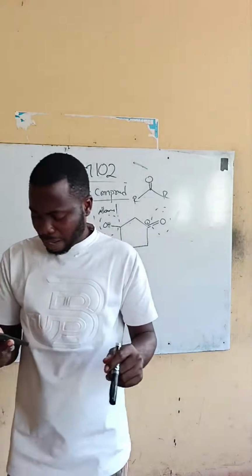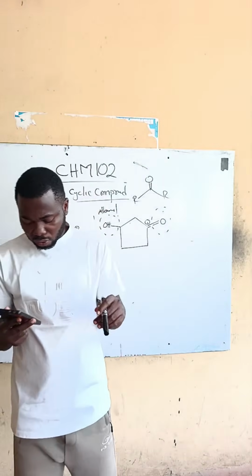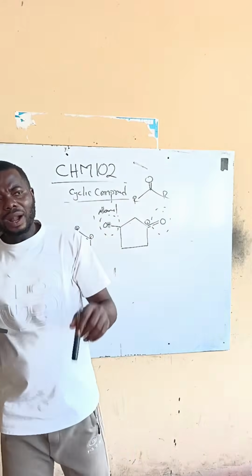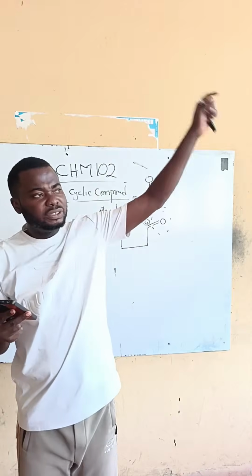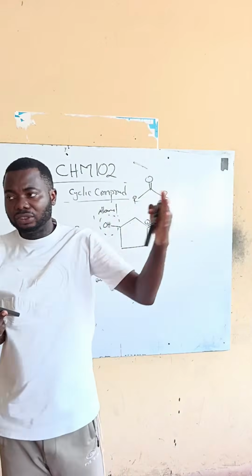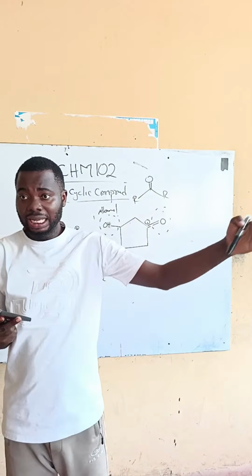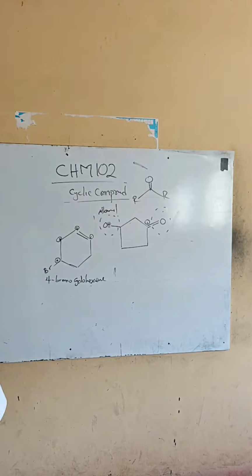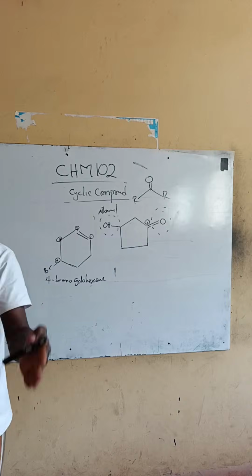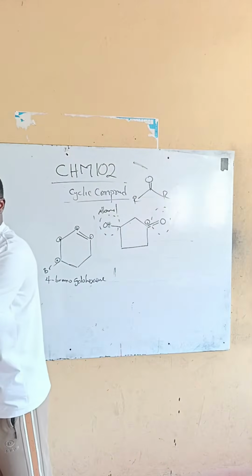If you have been attending my class, I said it. Alkanone and carboxylic acid, they are higher up. If you see the way they gave you the trend of the families of organic compounds, you will notice that they gave you alcohol, then after alcohol, they move to alkane and alkanone, then after alkane and alkanone, they now move to carboxylic acid and its derivatives.